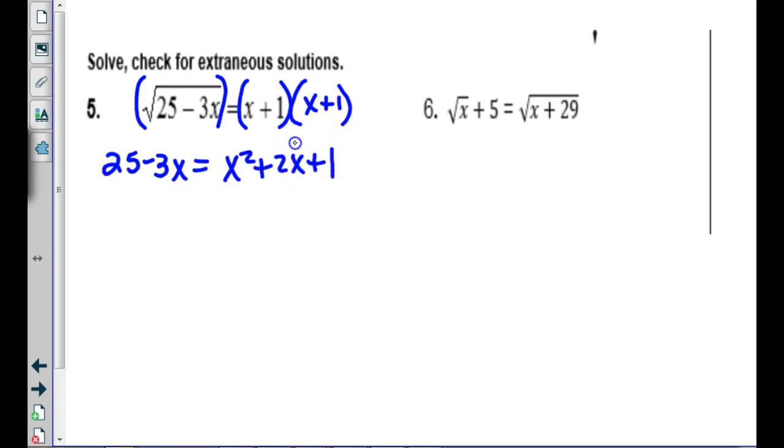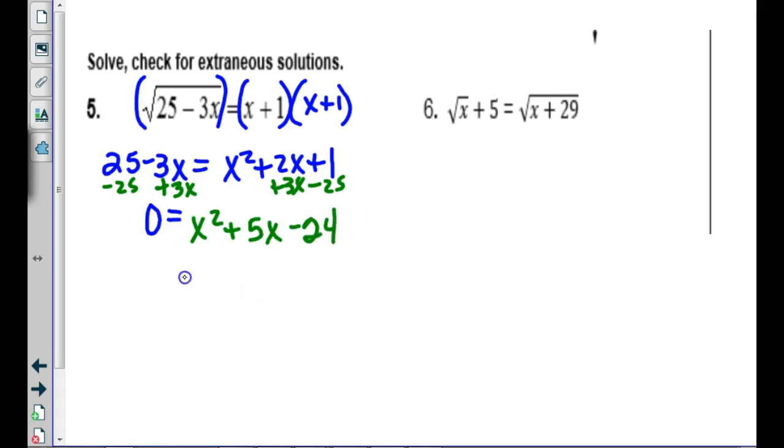Everybody okay with where the 2x came from and everything? Next, we need to, because it is a squared, get it equal to 0. So if I subtract 25 and add 3x, I'll have x squared plus 5x minus 24.